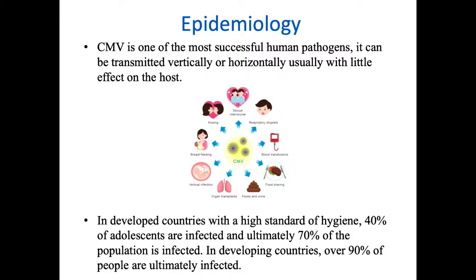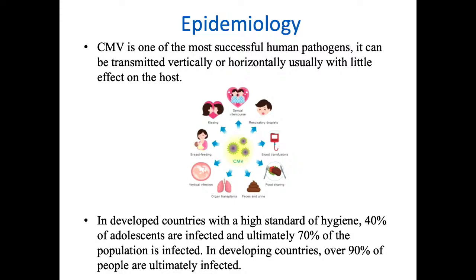And cytomegalovirus has various routes of transmission. Let me remind you that herpes simplex viruses are transmitted mainly through saliva, and also through sexual intercourse. Varicella zoster virus is mainly transmitted through respiratory droplets and also through vesicular fluid, by direct contact.